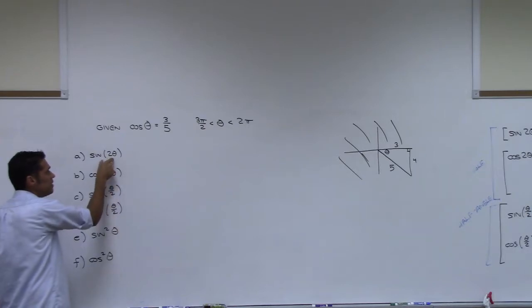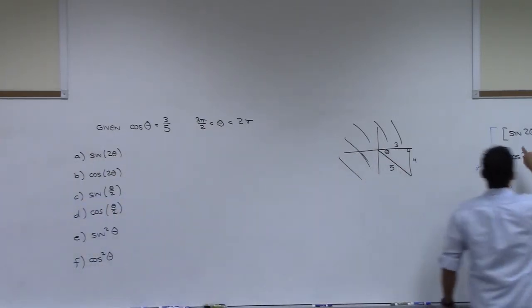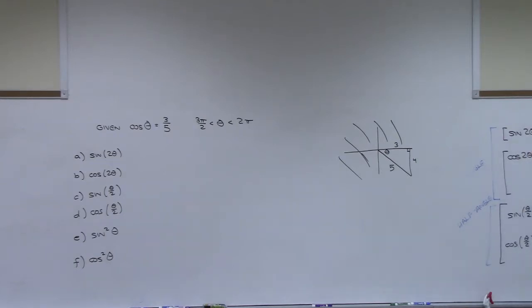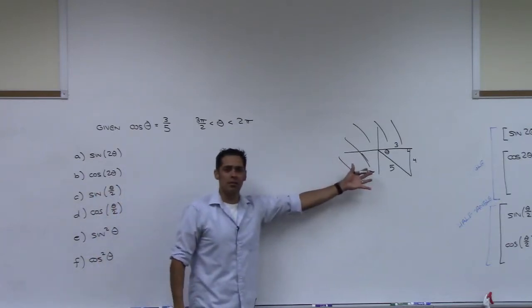Okay, so each of these formulas, sine of 2 theta involves both sine theta and cosine theta, right? How about cosine 2 theta? Did I need to do this work? If all I was asked in this problem is to do this, would I need this triangle?